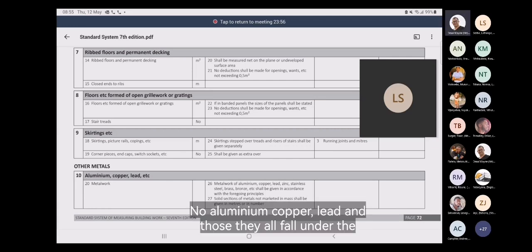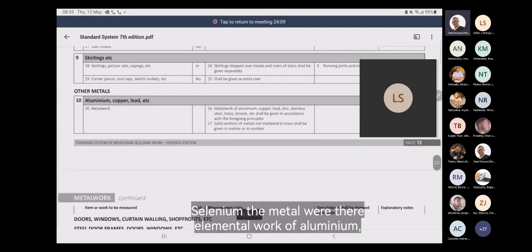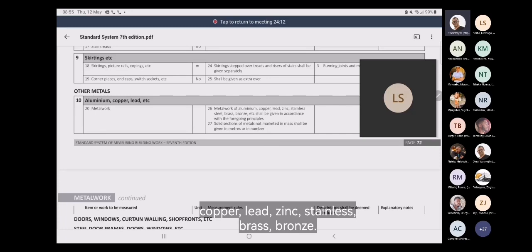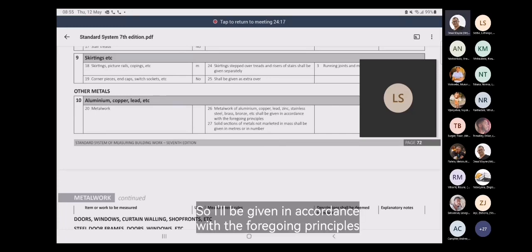Now, aluminium, copper, lead, they all fall under the category that is in metalwork. The metalwork of aluminium, copper, lead, zinc, stainless, brass, bronze shall be given in accordance with the foregoing principles, and solid sections of metals not marketed in mass shall be given in meters or in number.